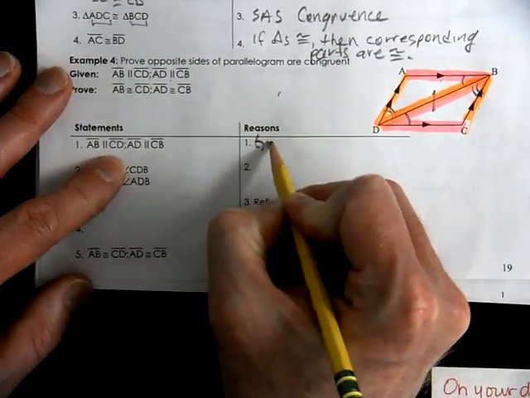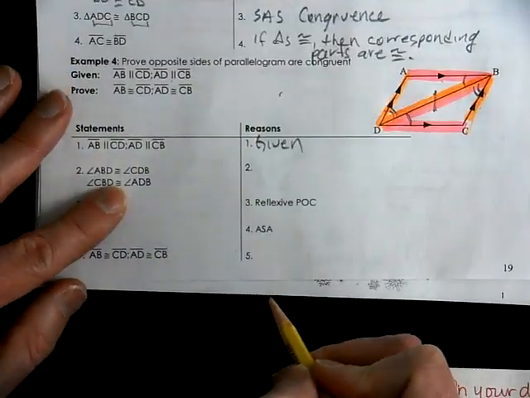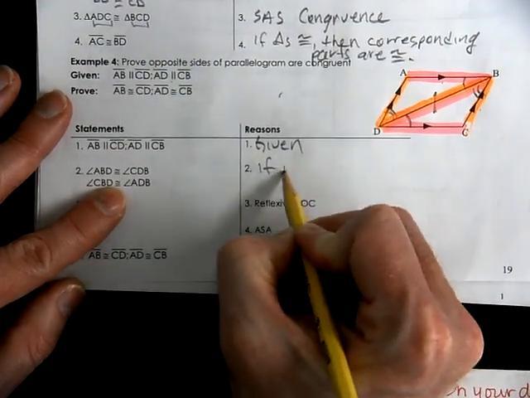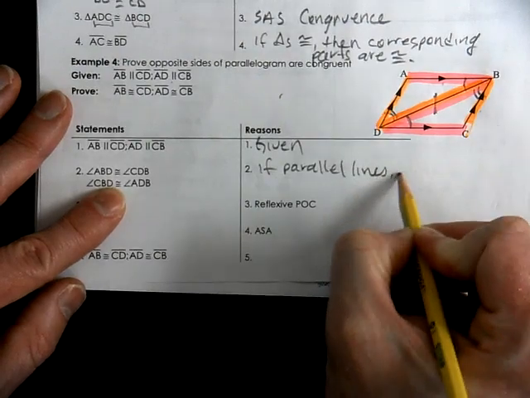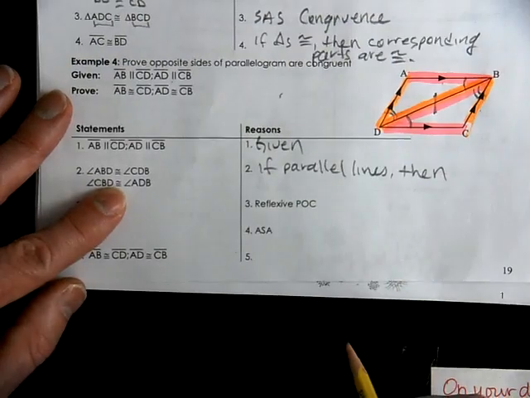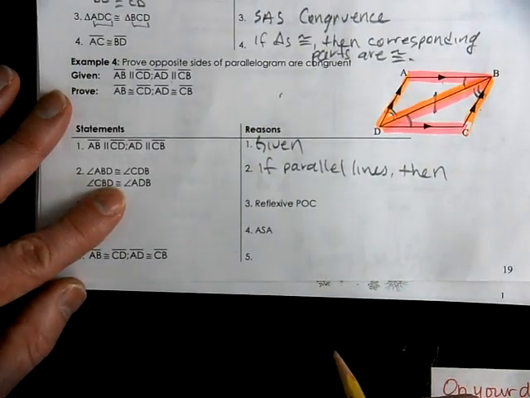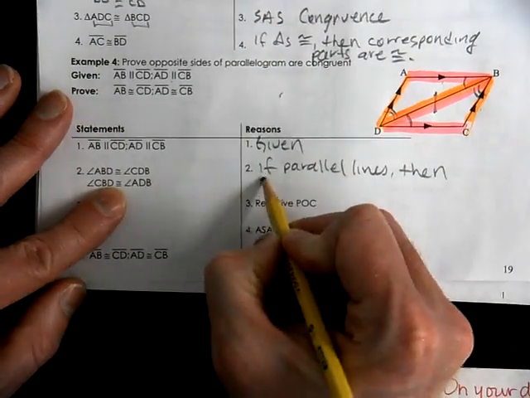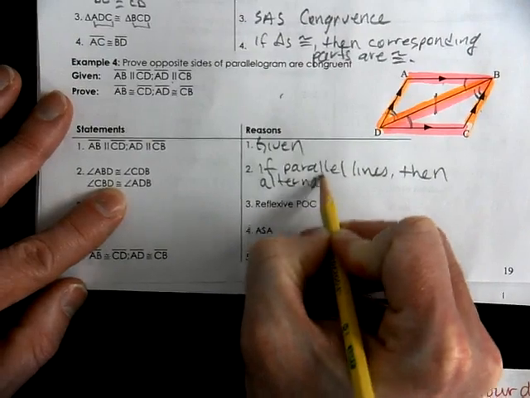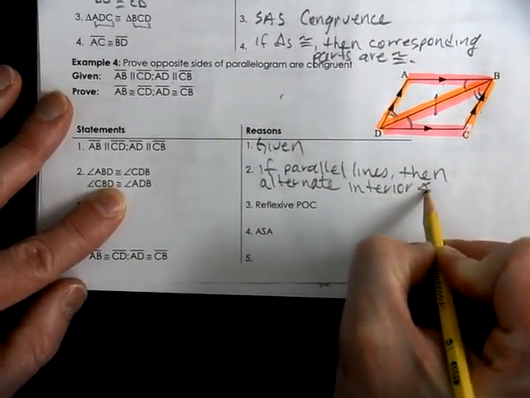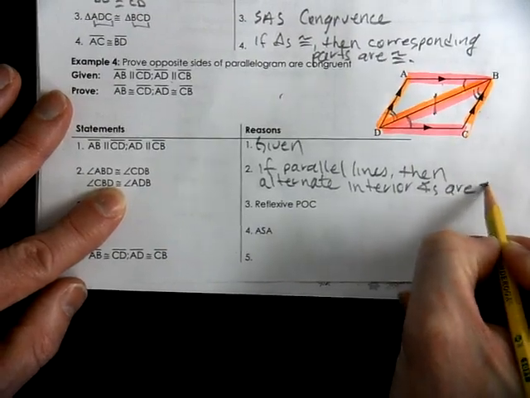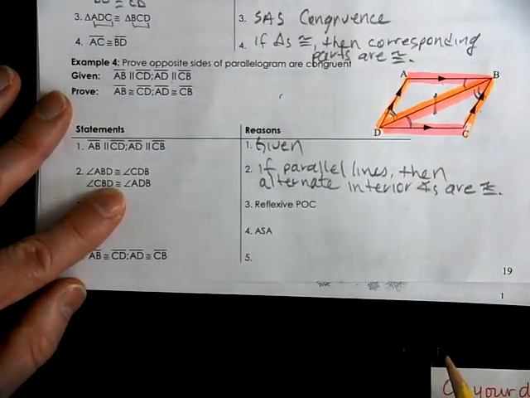So we have our given. If parallel lines, then what type of angles were these? Alternate interior angles are congruent.